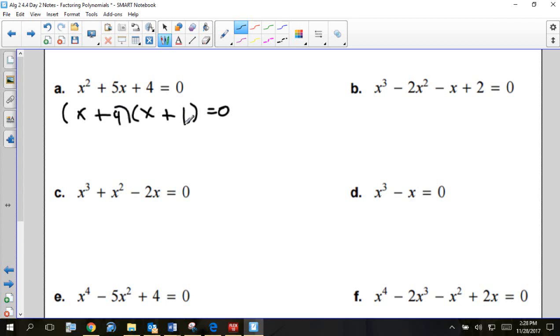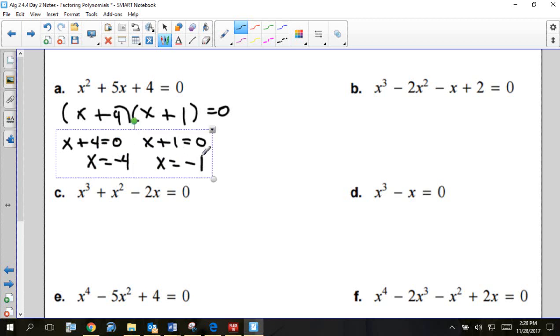Once I have it factored, and this is factored all the way, how do I find the x-intercept? Set each factor equal to 0. So we're going to have x plus 4 equals 0 and x plus 1 equals 0. x is negative 4, x is negative 1. So there are the x-intercepts.